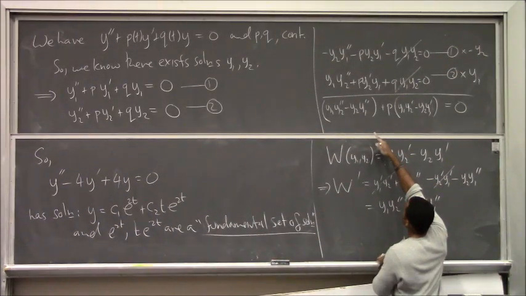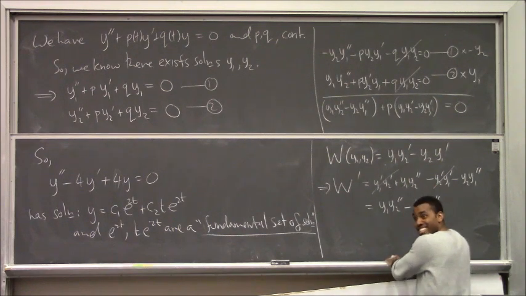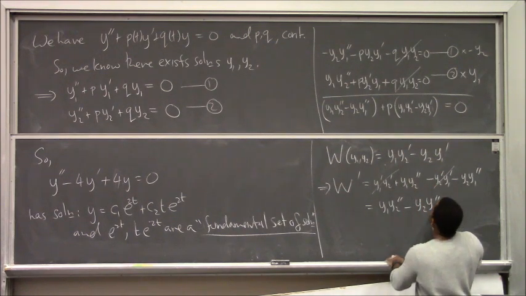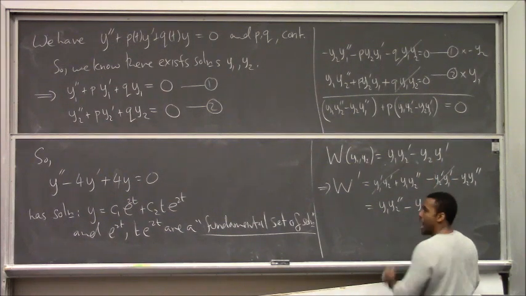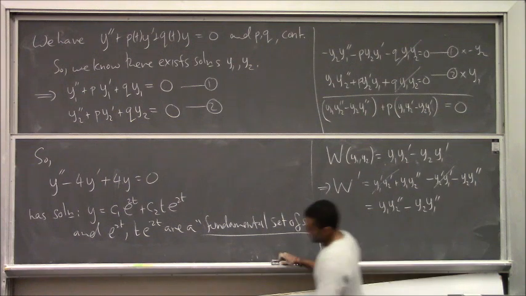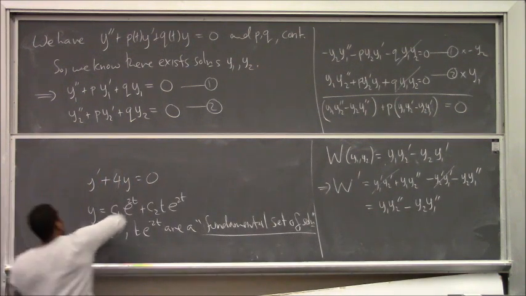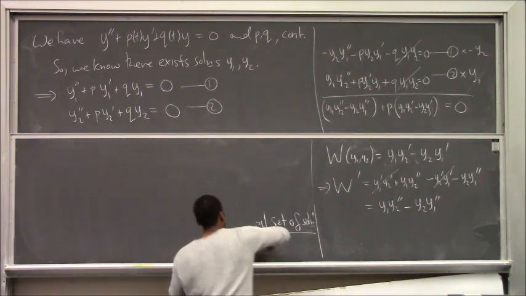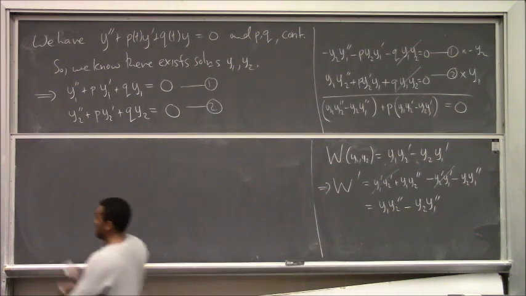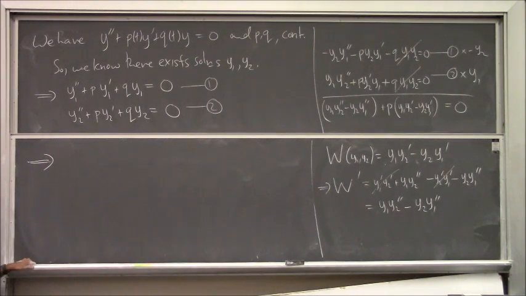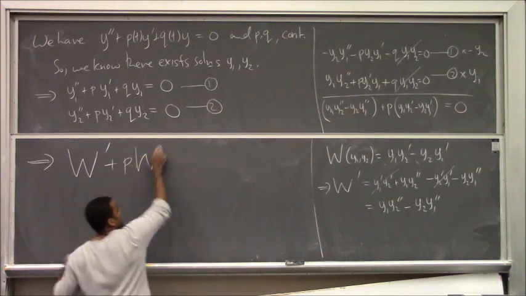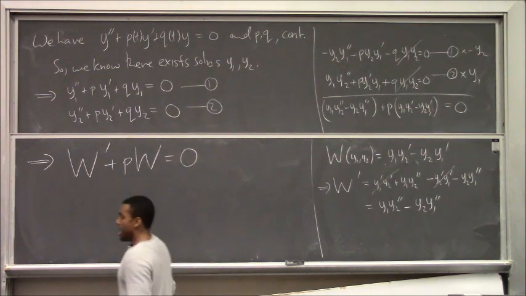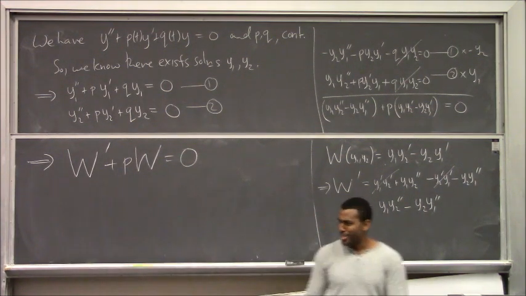Does that look familiar? Oh, this guy right here. How did you guys see this coming? I thought we could do stuff like matrix operations on several differential equations. I just hadn't seen it done yet. So what do I have here? This is W prime plus p times W equals 0. I have created a first order differential equation with the Wronskian.